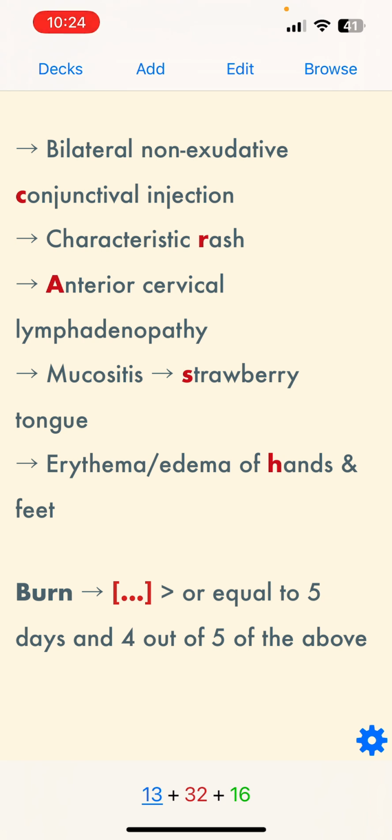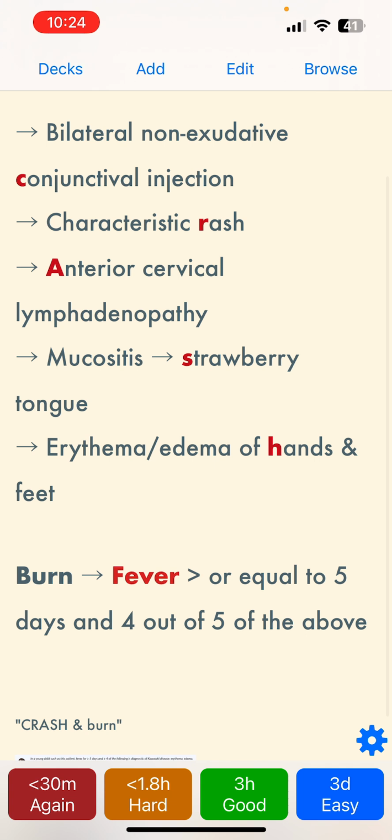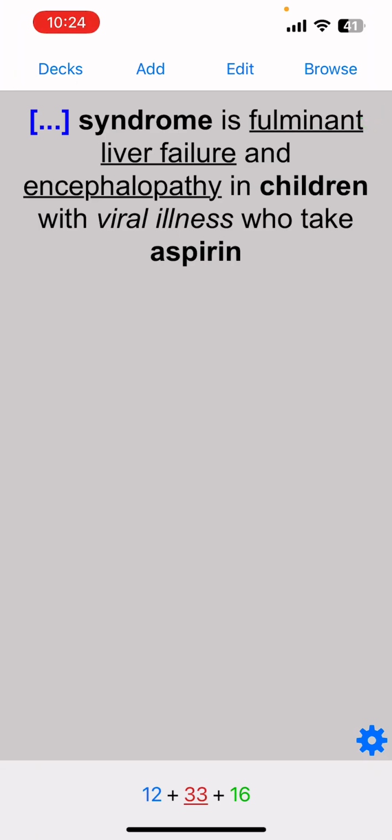The anterior cervical lymphadenopathy, they get mucositis with strawberry tongue. They get erythema and edema of the hands, so that's the crash, as you can see there. And the burn, which is fever for 5 or more days. Crash and burn.